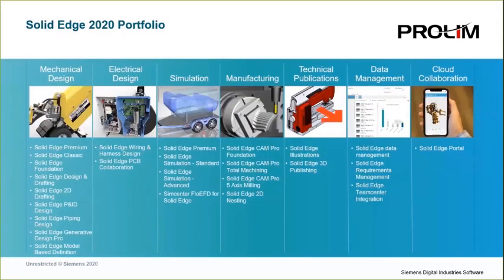Now, where does this fit? When we say Solid Edge, we're really talking about an entire portfolio, not just MCAD. Over the last few years, over 55 products have been added to this portfolio. Looking at this image, it shows the 7 pillars by which we organize the technology in this portfolio.